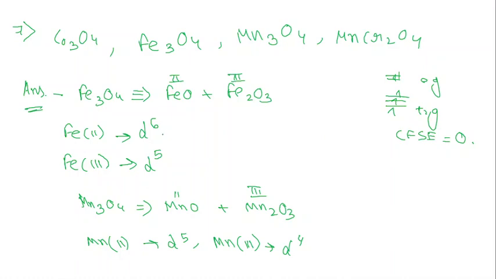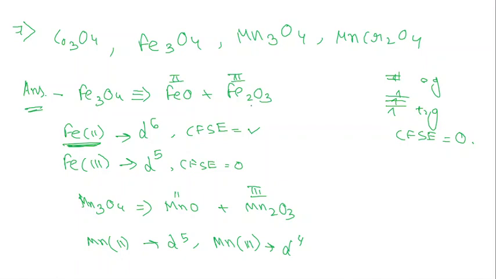And for the d6 system, it is having some CFSE, so it always wants to be in the octahedral field, as there it will get stabilization.